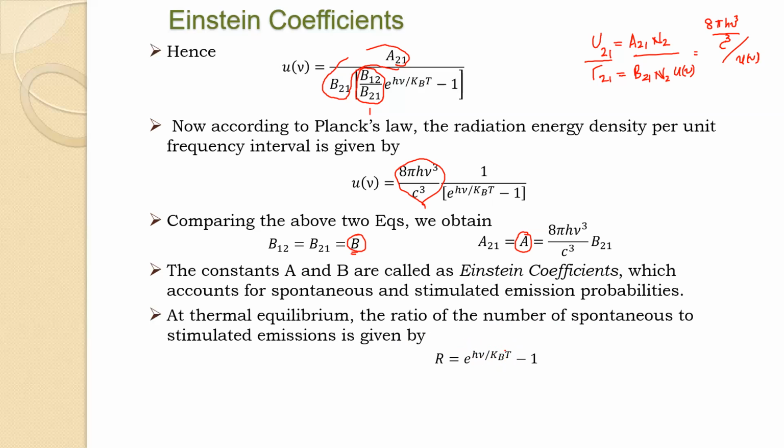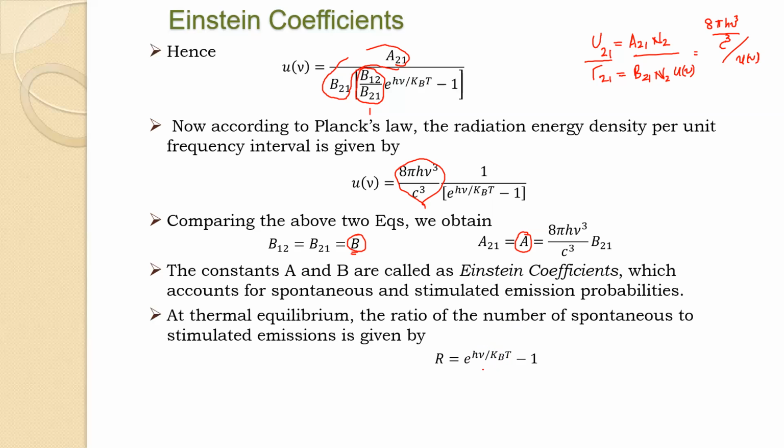So when we look at this ratio, we are checking it. When the ratio is greater than 1, then spontaneous emission must be greater.